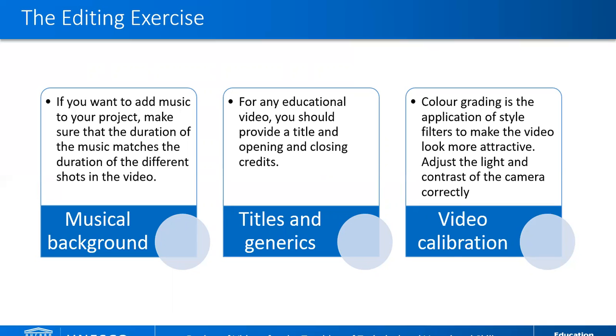Musical background stage. If you want to add music to your project, make sure that the duration of the music matches the duration of the different shots in the video. Titles and generics. For any educational video, you should provide a title and opening and closing credits.